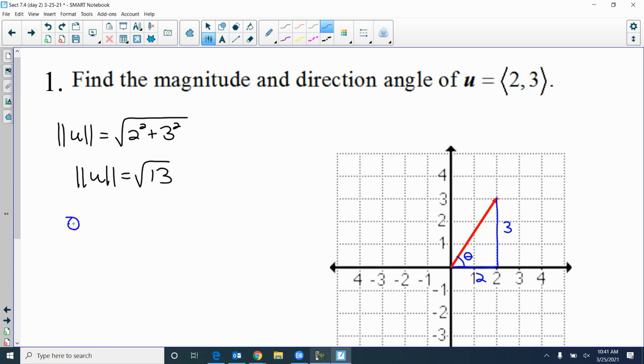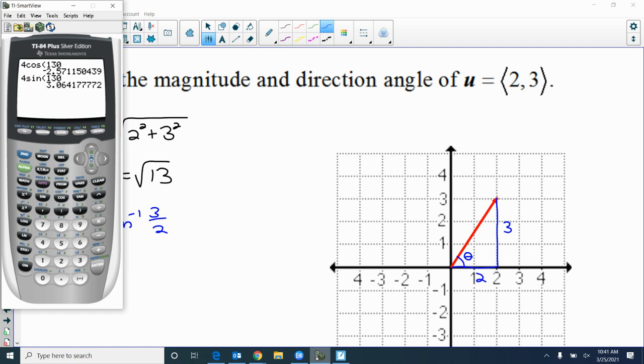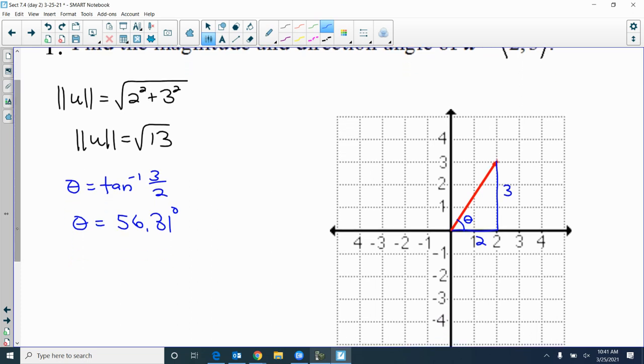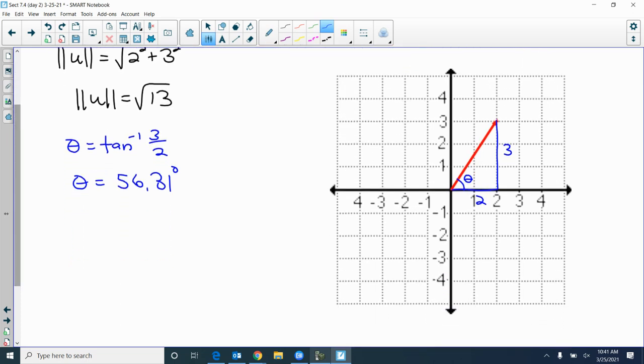So that means theta is going to be the inverse tangent of 3 over 2. Inverse tangent of 3 divided by 2 is 56.31 degrees. So our magnitude, square root of 13, direction 56.31.